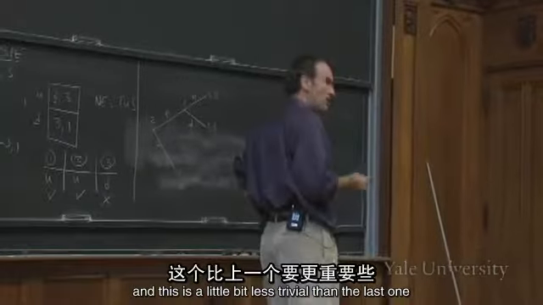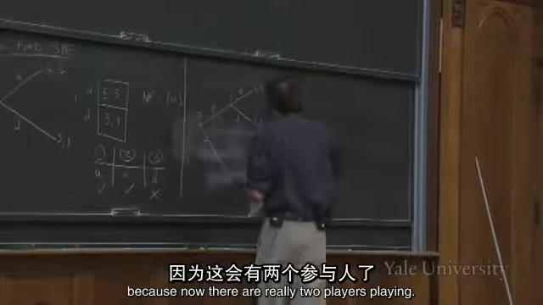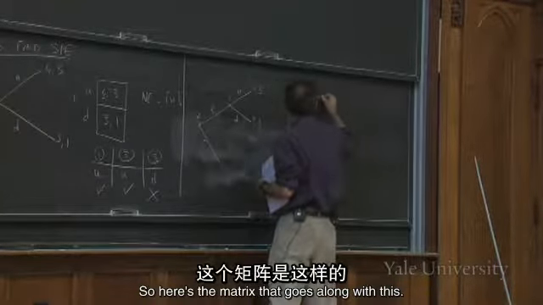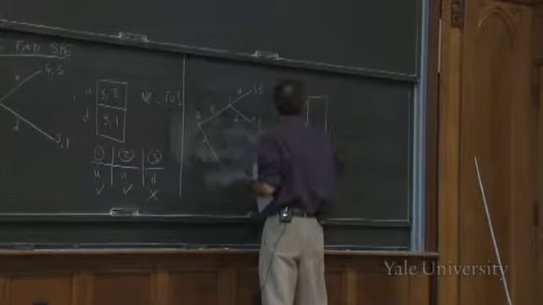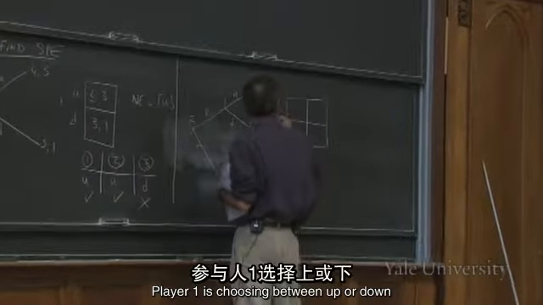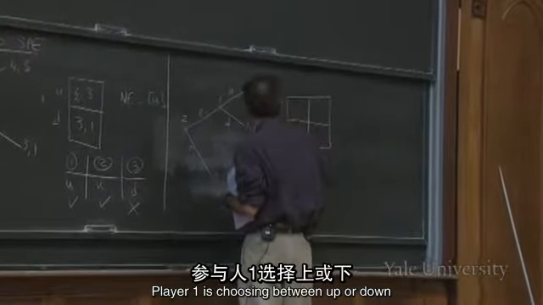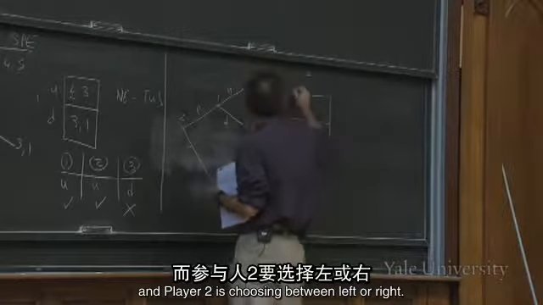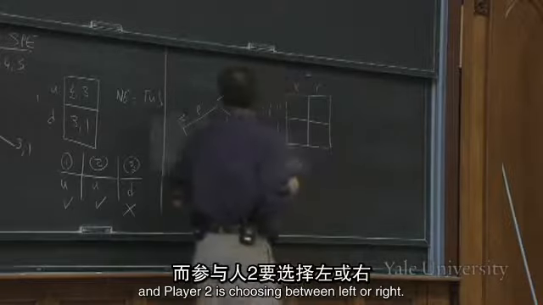And this is a little bit less trivial than the last one, because now there are really 2 players playing. So here's the matrix that goes along with this. Player 1 is choosing between up or down, and player 2 is choosing between left or right.